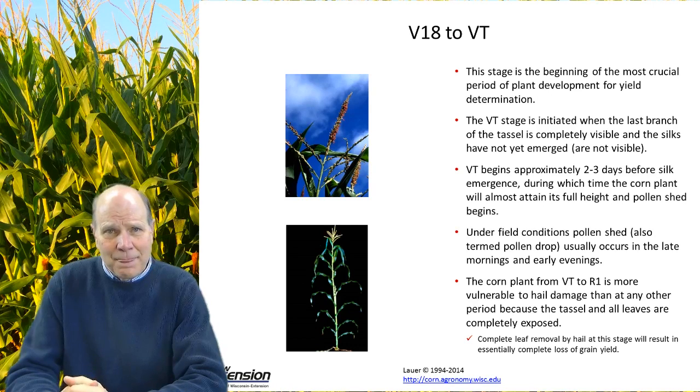This is a very important stage for management, because it's very easily seen from the road, and the timing of when this occurs can dictate some of the decisions that you make later on. For example, if you see tasseling late, you might want to consider that field for silage production.